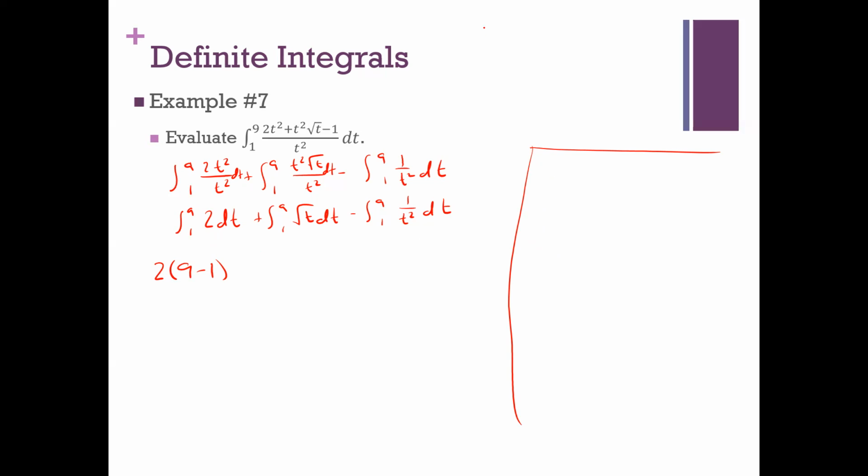So if I were to graph this constant function 2, integrating from 1 to 9, this area is what shape? Right. How do you find the area of a rectangle? Right. The height is 2. The base is whatever the difference between those two x values is. So that one's going to end up being 16.